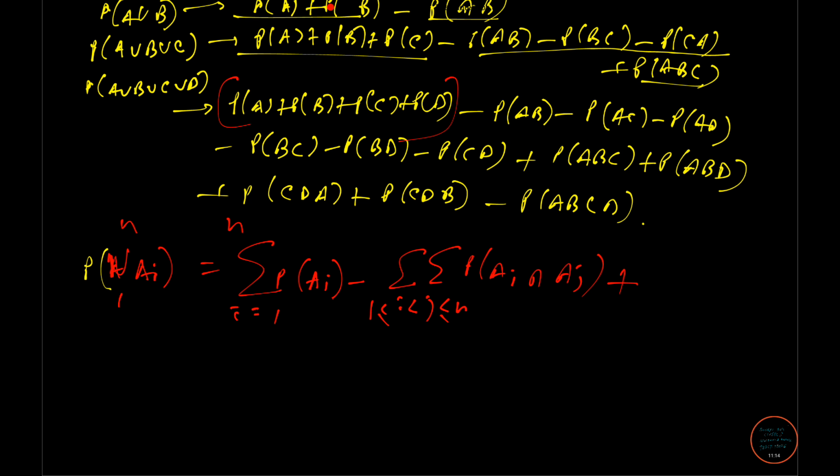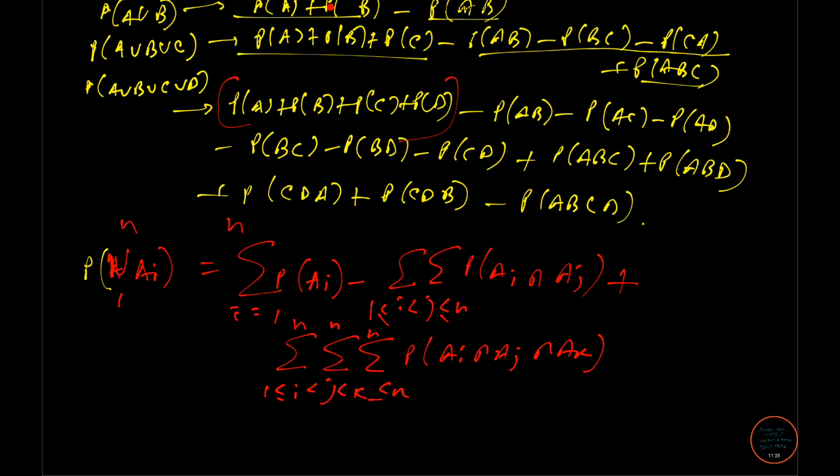Now you have to take 3 together, so triple summation. So here the third thing is coming, 1 less than or equal to i less than j less than k less than or equal to n. So P of Ai intersection Aj intersection Ak. That's it. In that way we will be proceeding.